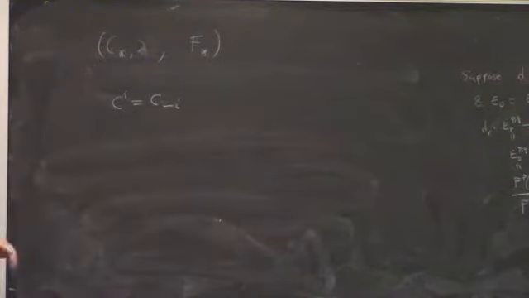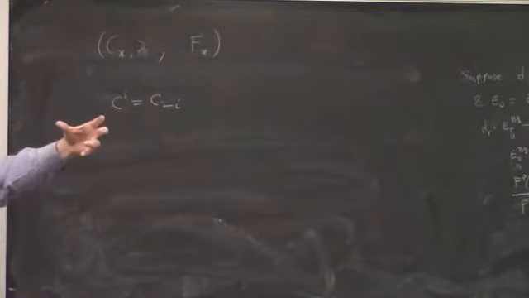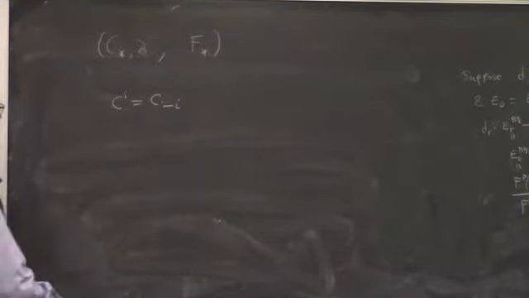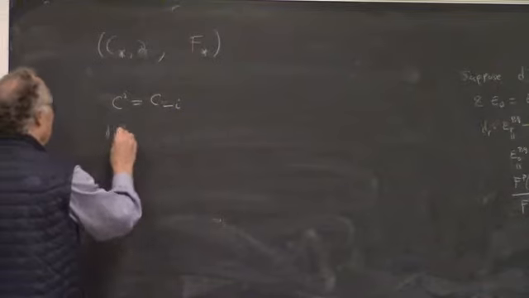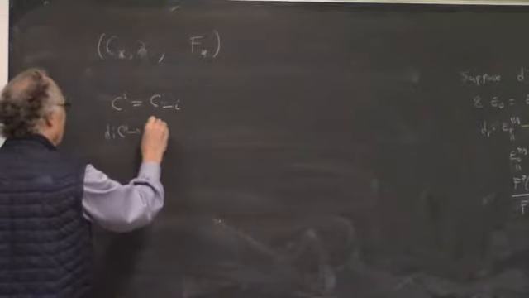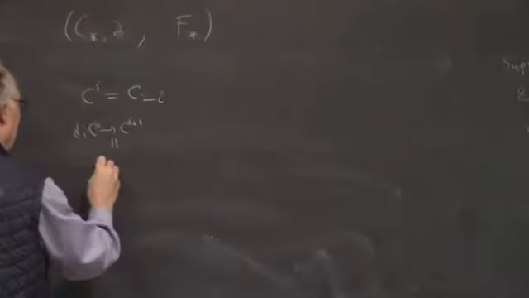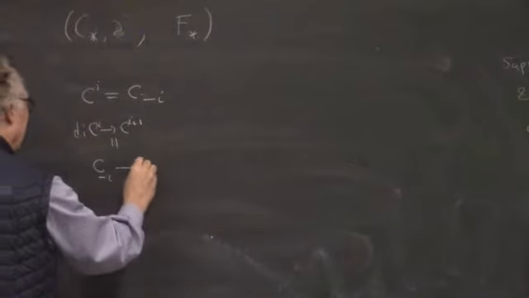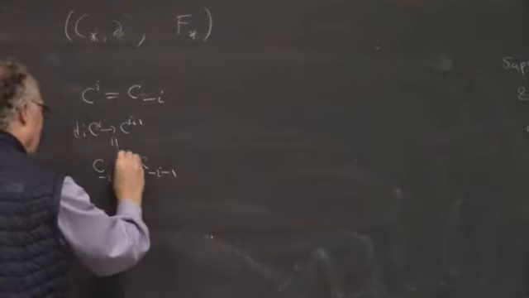So I just take the same free abelian group and flip it over in the opposite degree. And now d from C^i to C^{i+1} is just the boundary map from C_{-i} to C_{-i-1}.